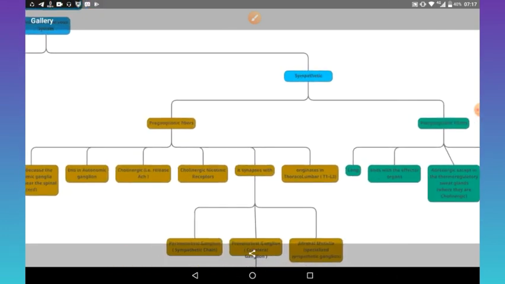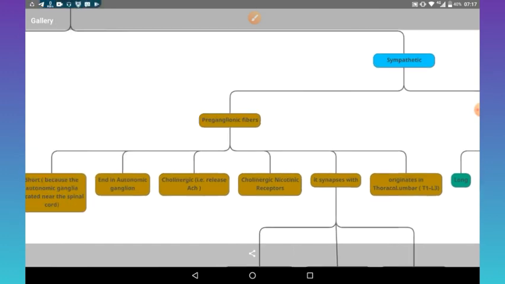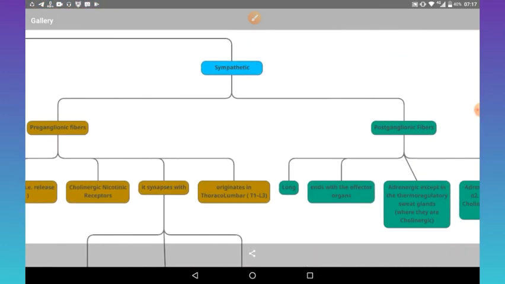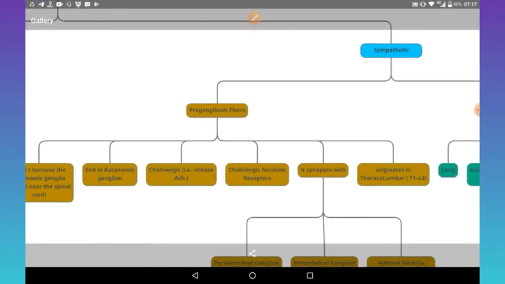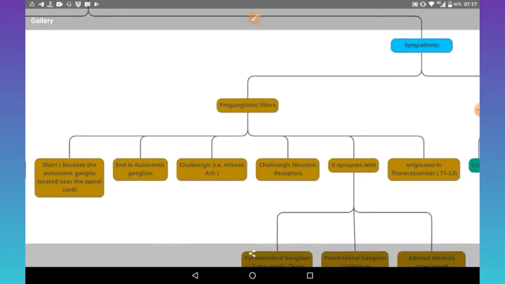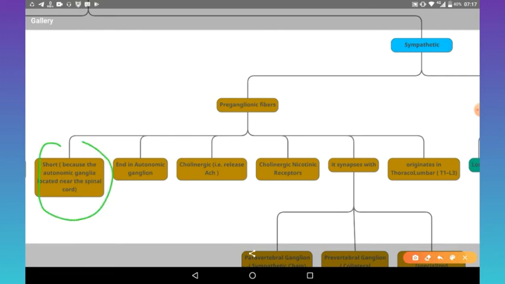We have the preganglionic fiber as we see here, and the postganglionic fiber as we see here. The preganglionic fibers are short. The autonomic ganglia are located near the spinal cord, where the fibers end. They are cholinergic, which means they release acetylcholine, with cholinergic nicotinic receptors.